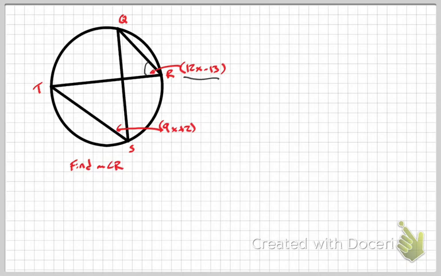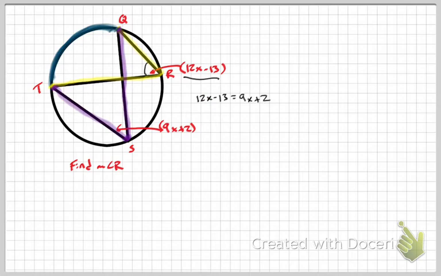As I look at this diagram, I notice that R, if I follow the rays that are making R, has endpoints at Q and T. And then S, if I follow those rays, also has endpoints at Q and T. So both of those inscribed angles are sectioning off arc QT, this blue arc right here, which in turn means that those angles are equal.